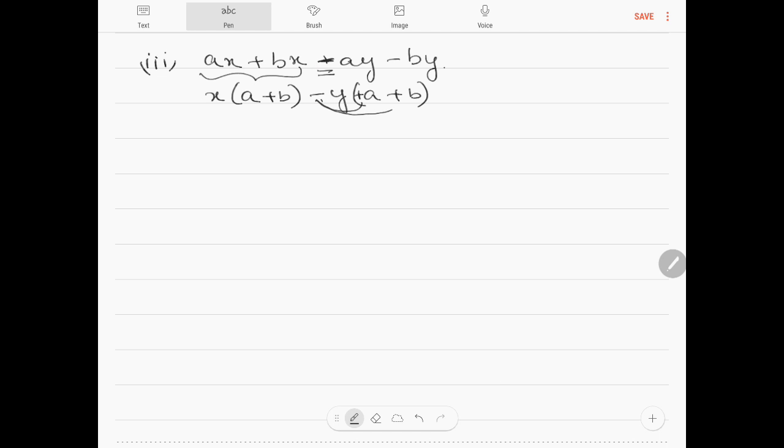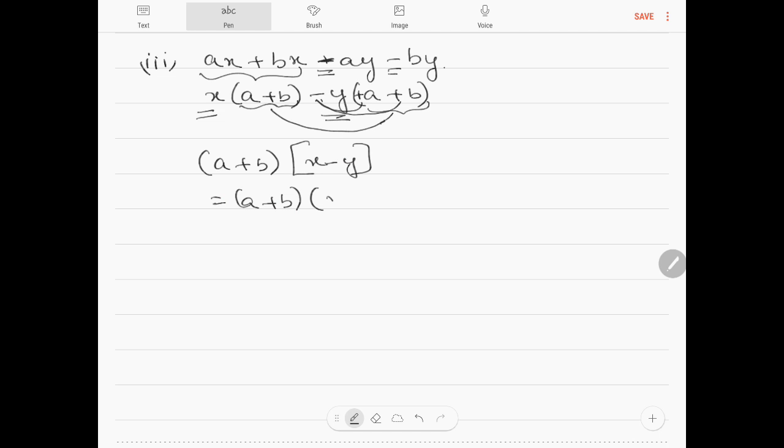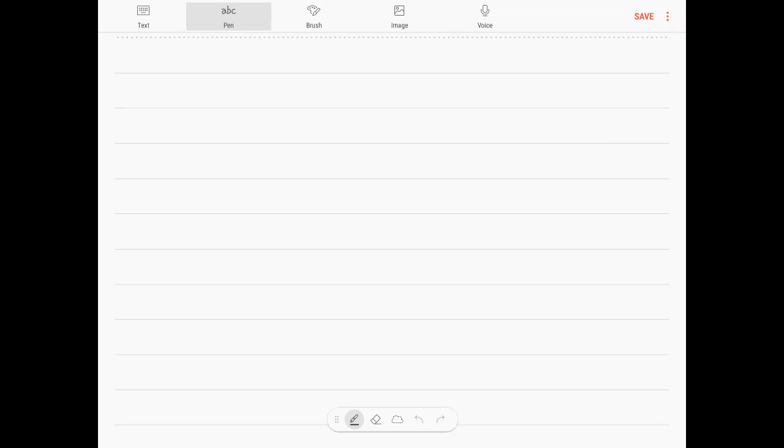So when we take minus y out, we get a plus b inside. Now these two terms, a plus b and a plus b, are common. So taking a plus b outside, the remaining will be x and minus y. So x minus y is equal to a plus b into x minus y.